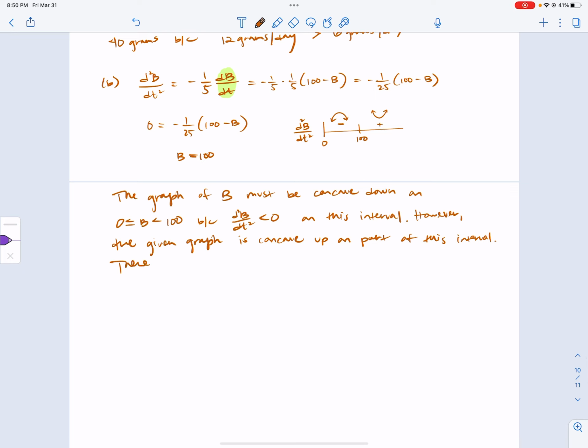Therefore, this graph cannot represent B. Or something like that.